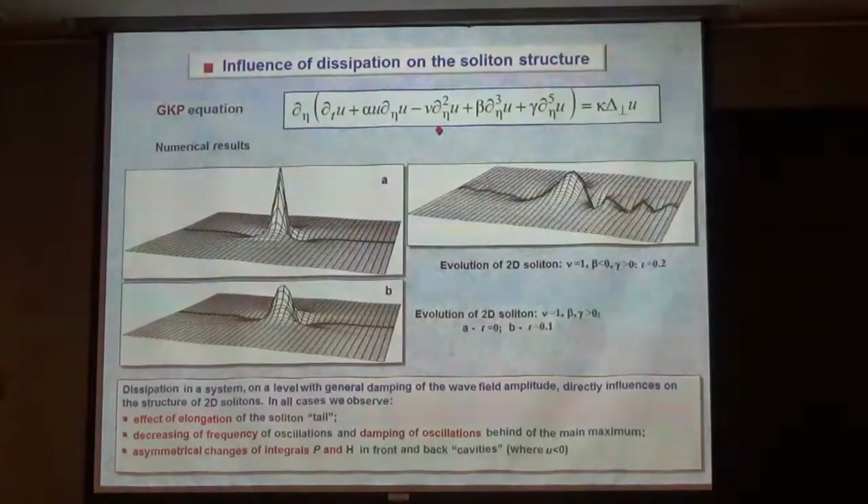You can see that in both cases, dissipation in the system, on a par with general damping of the wave field amplitude, directly influences the structure of two-dimensional solitons. In all cases, we observe the effect of elongation of the soliton tail, decreasing of frequency of oscillations and damping of oscillation height of the main maximum, and asymmetrical changes of integrals, momentum and energy in front and back cavities, where function u is less than 0.